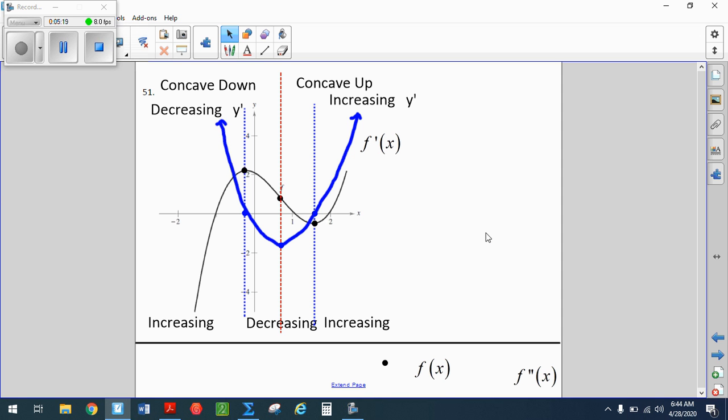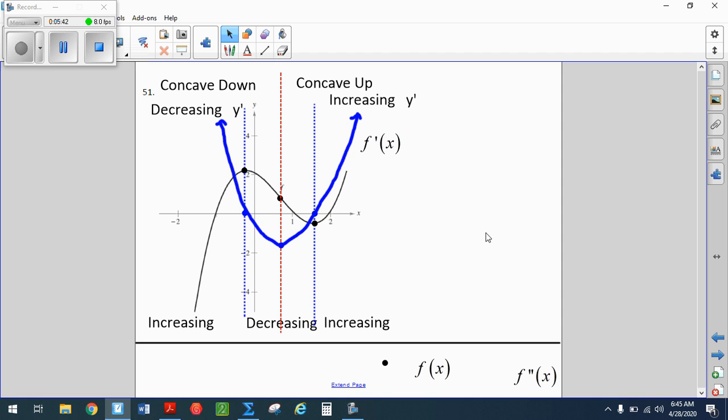Okay, so the original function is graphed in black. The derivative is graphed in blue. Okay, we can tell that from that red line where the relative min is on the derivative, that the derivative graph is increasing to the right, which follows the concave up from negative infinity to that minimum.